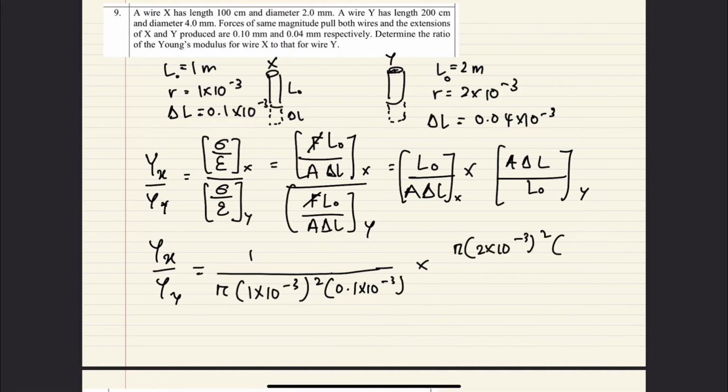And then delta L is 0.04 times 10 negative 3 divided by L0 which is equal to 2. Okay, pi can cancel out, this one can cancel out, that one cancels out as well. So basically left with this number here. So I should get 0.8.